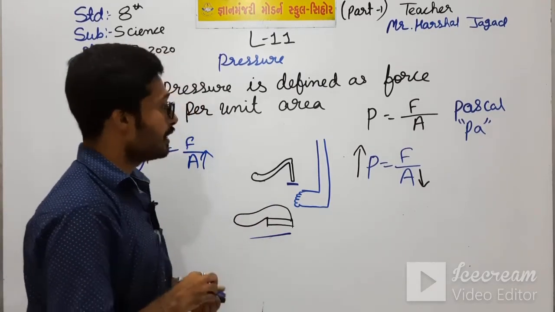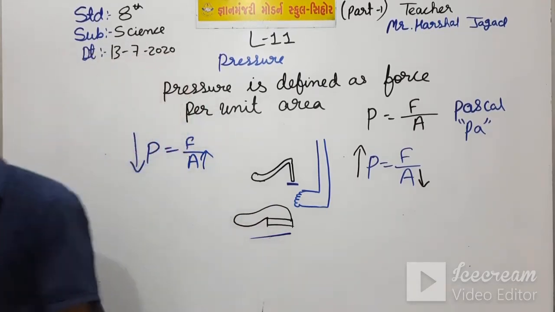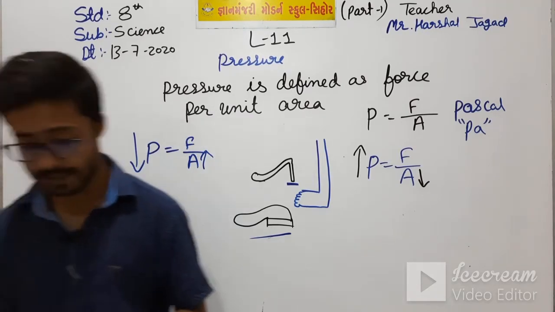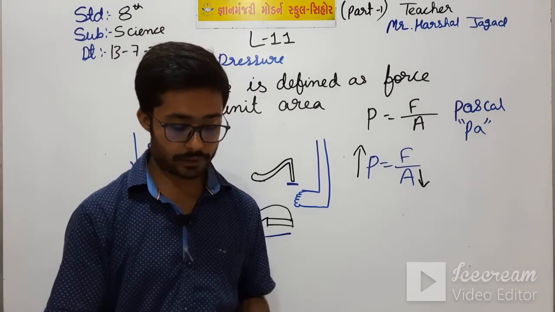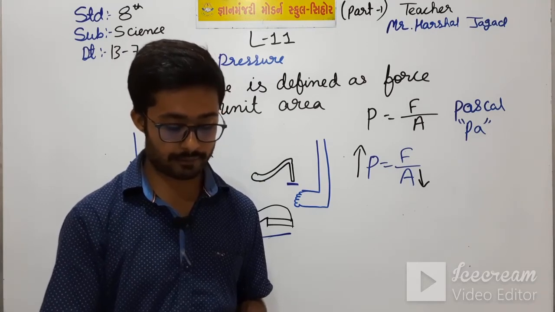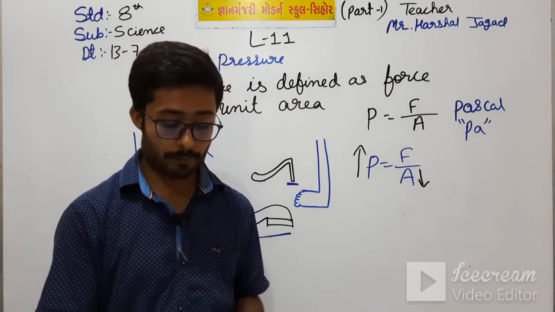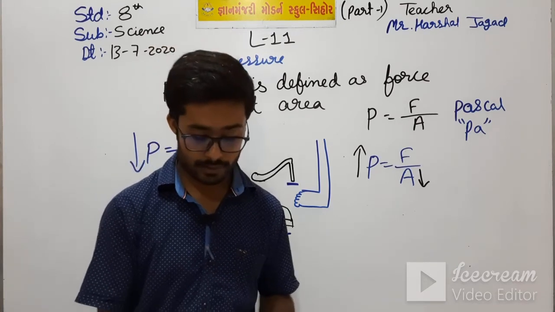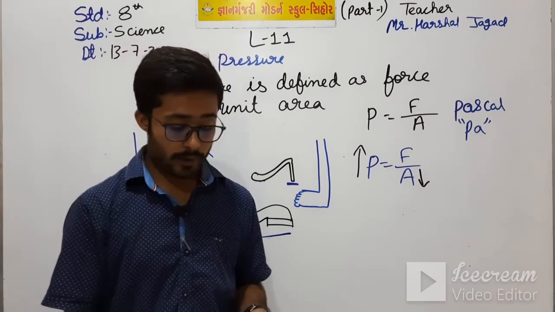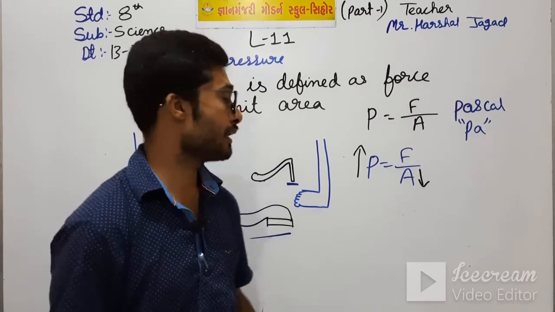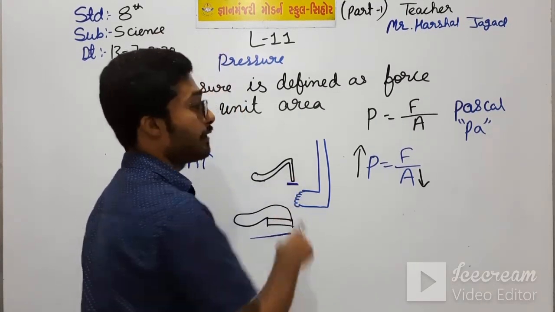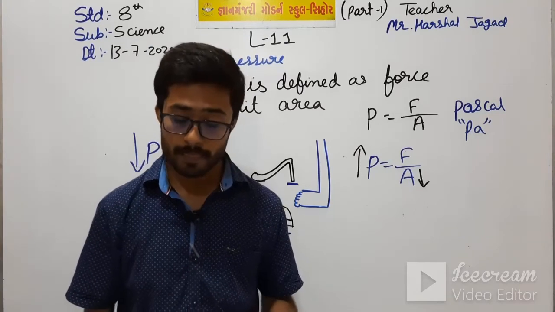Okay students, so this is pressure. The pointed end of the high-heeled shoe has a smaller area than the flat end and therefore will produce a greater pressure. Greater pressure produced at the pointed end will hurt more.